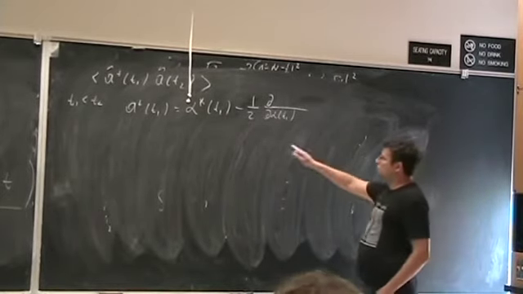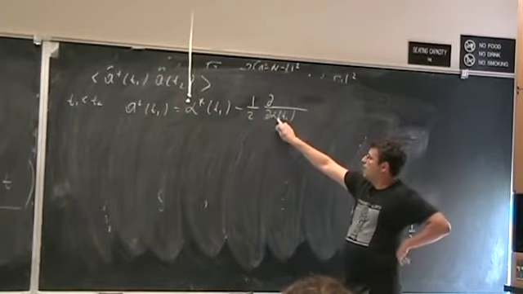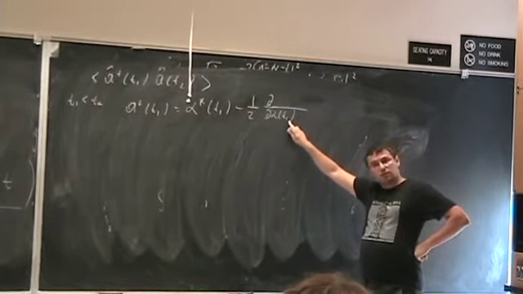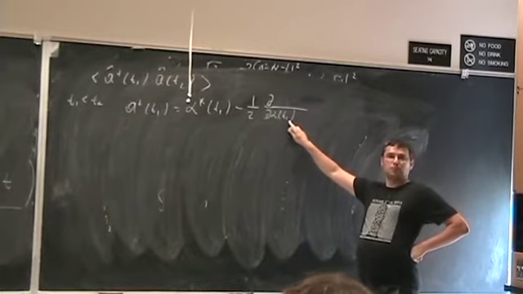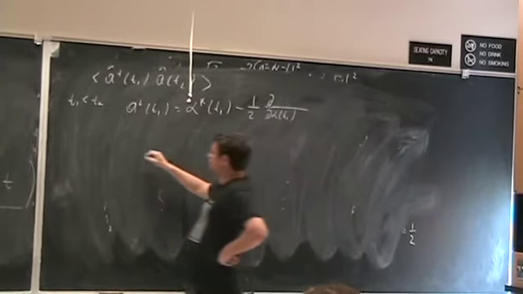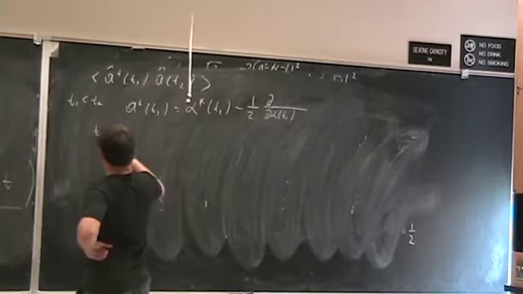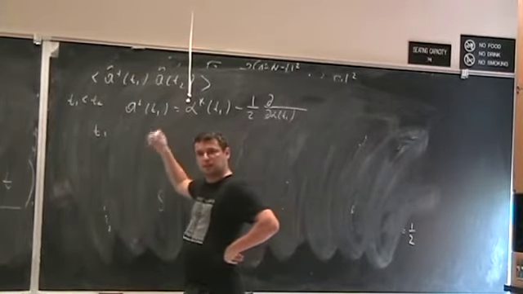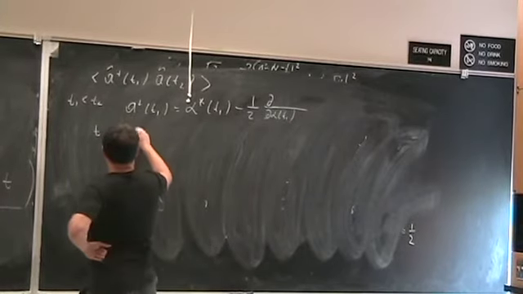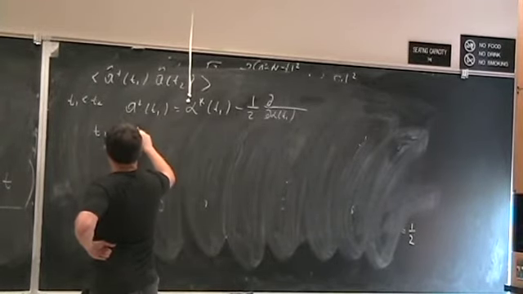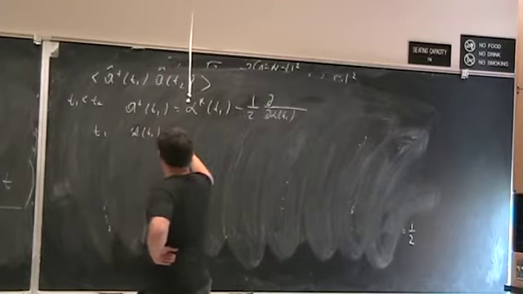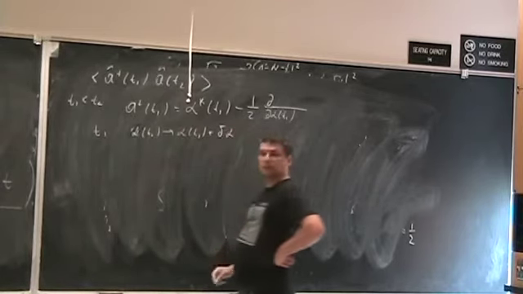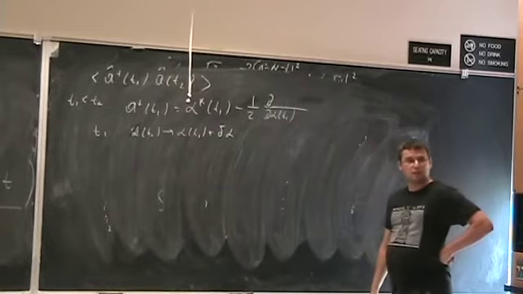I will interpret it in the most natural way. I'll interpret this derivative as a response to a small jump in alpha. Basically, what I'm imagining is that at moment T1, my conjugate variable to A dagger, which is A, alpha of T1, has a jump plus delta, where delta is some infinitesimal number.